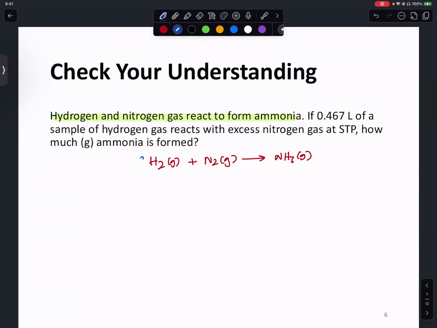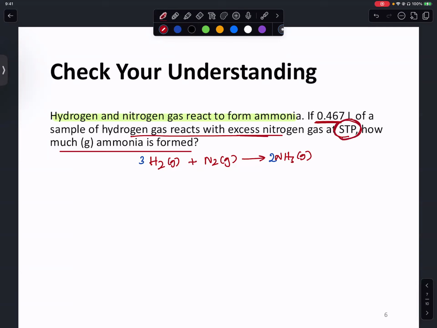Okay, let's balance the equation. And it wants you to find how many grams of ammonia are formed if a 0.467 liter sample of hydrogen reacts with excess nitrogen at, and see it mentions here, standard temperature pressure conditions.